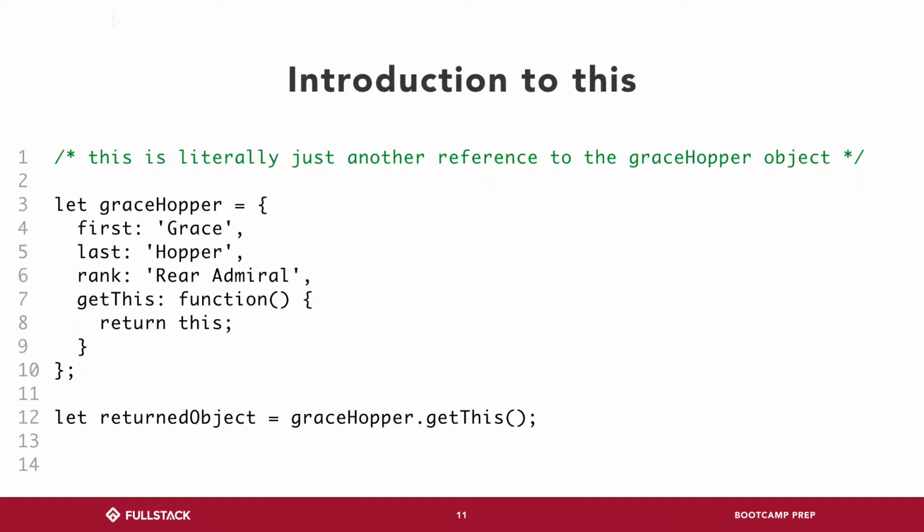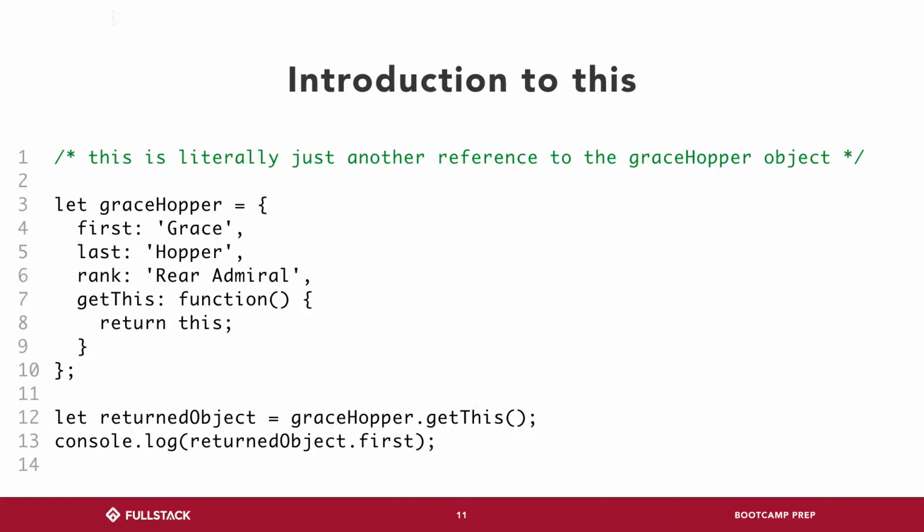We're just returning this in this case. And so basically this object is this entire object. So any guesses as to what this would log?